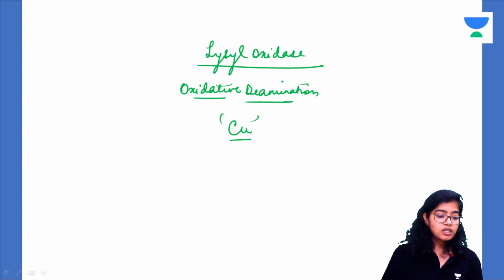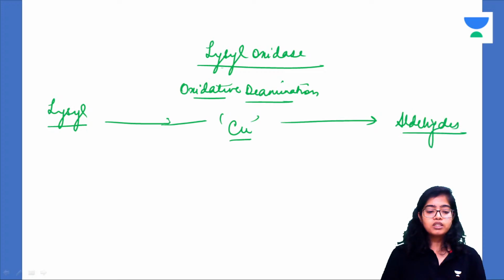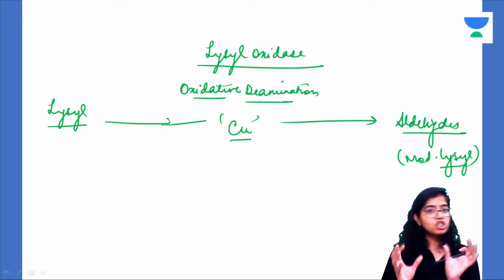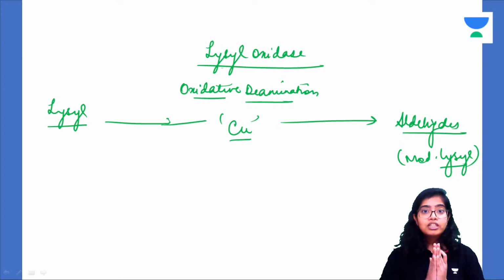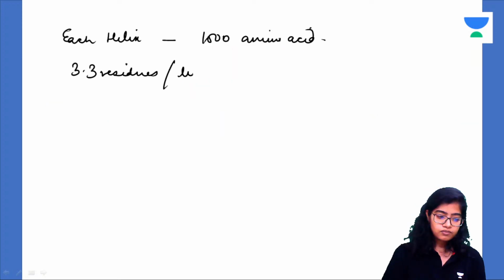So these lysyl residues will be converted into aldehydes. These are modified lysyl residues. Residues in two different chains will interact together and form bonds. And these bonds provide a lot of strength to the collagen molecule and prevent collagen turnover.